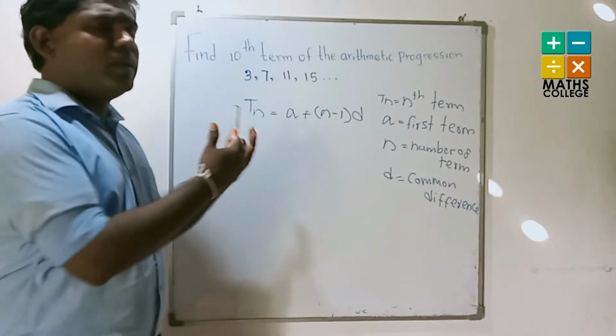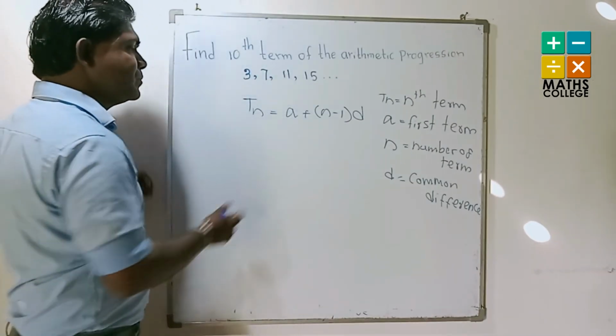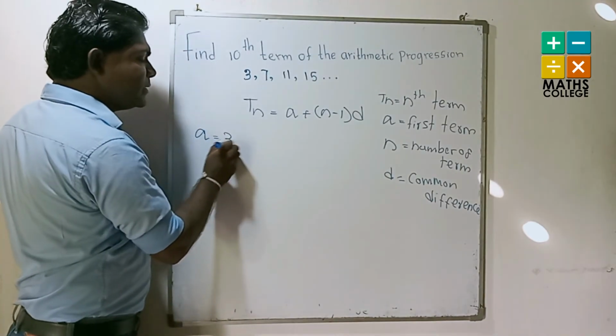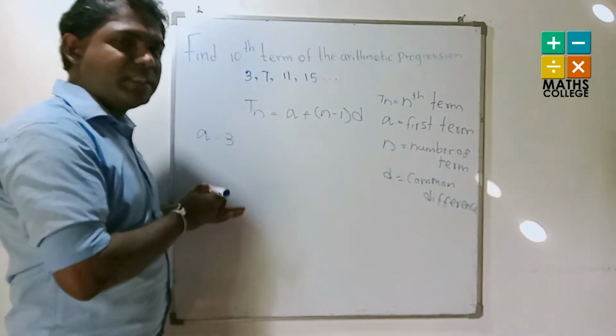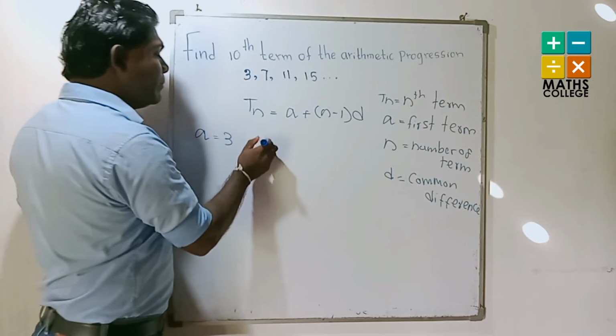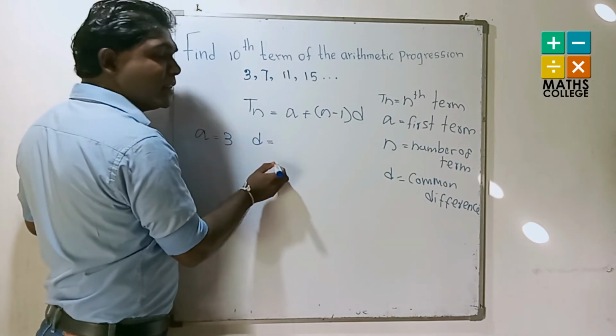Okay, now I'm going to solve the question. Before finding the answer, we have to write the data. Firstly, write A is 3. Should we follow this method, my dear student? Then find the common difference.